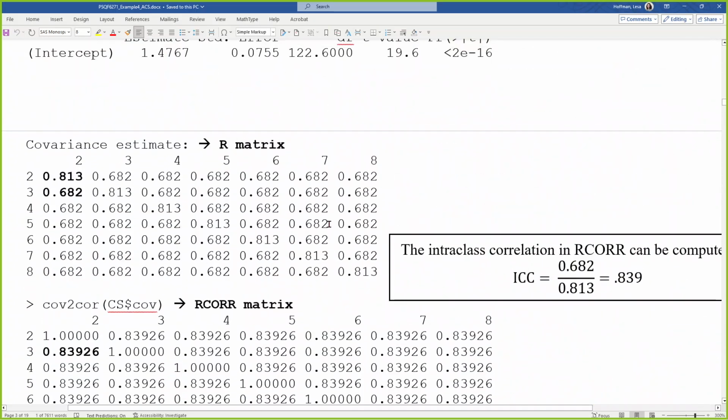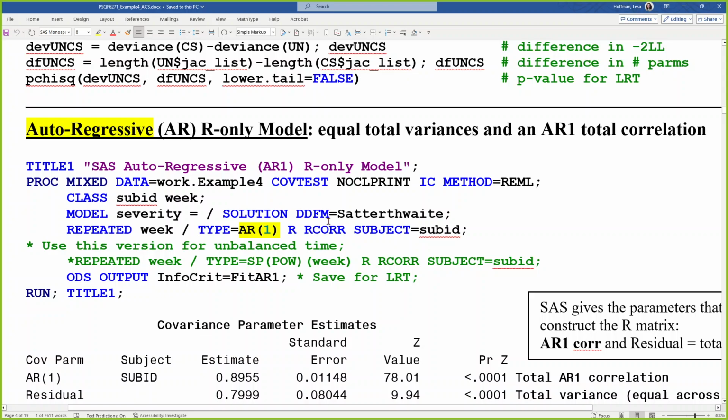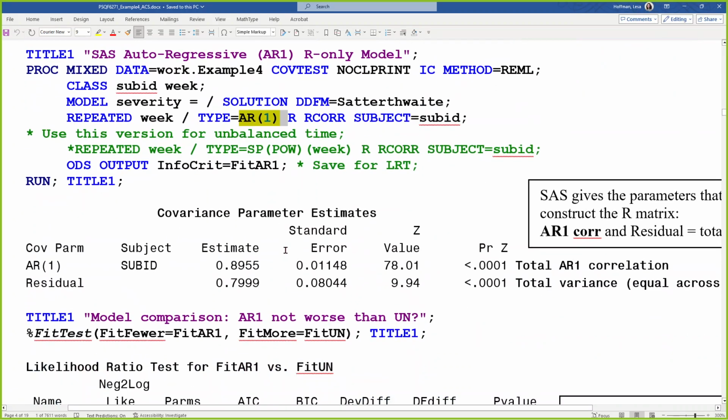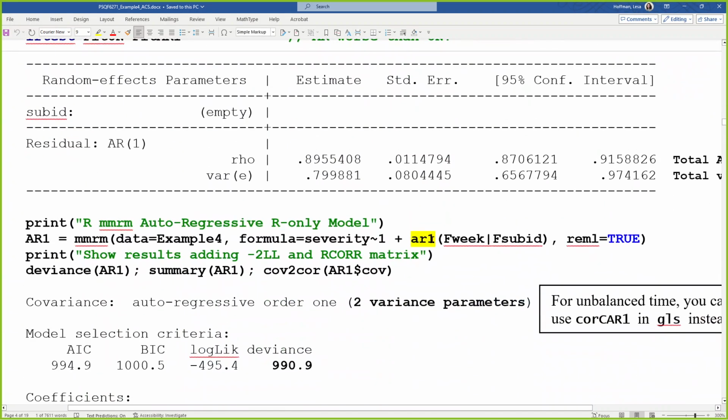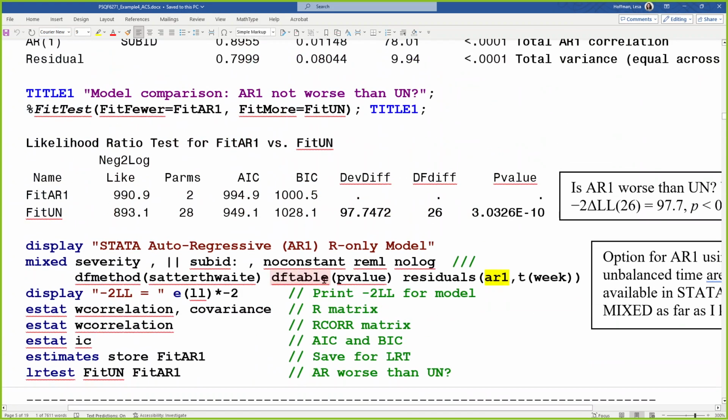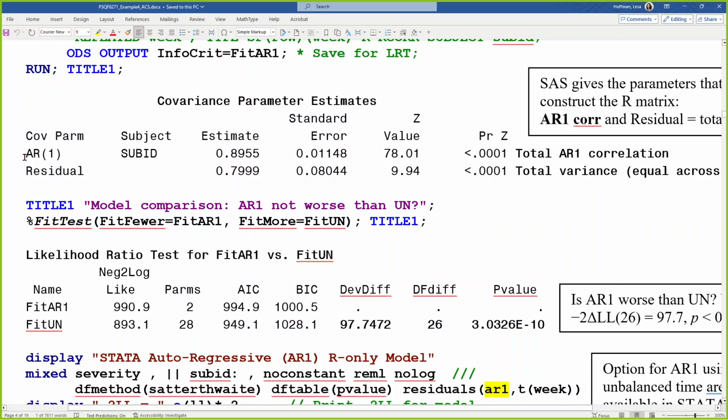Then we looked at autoregressive. That one is AR1 in SAS with parentheses. It is AR1 without parentheses in Stata, and AR1 without parentheses in R as well. I gave you the ingredients then that are being estimated for the two parameters.